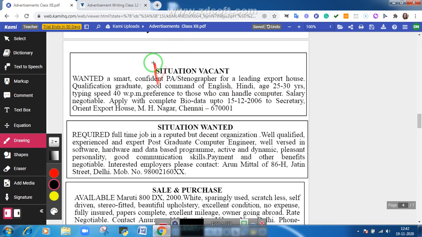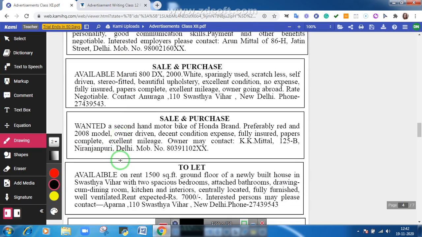So the first kind is situation wanted. What is situation wanted now? Situation vacant, sorry. So in vacant, the company gives out the advertisement where they want people for hire. So this is what: wanted a smart confident stenographer. Okay, first full stop here, then qualifications, etc., then second full stop, salary, third full stop, and apply. This is how you are going to write.